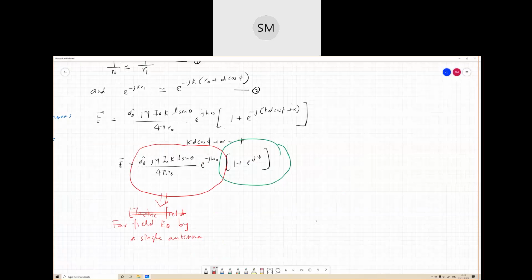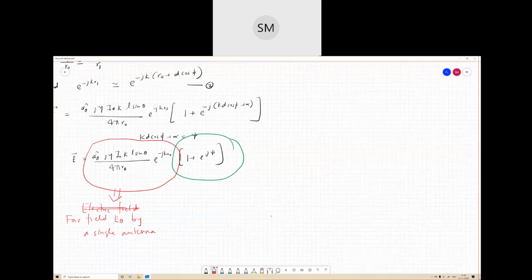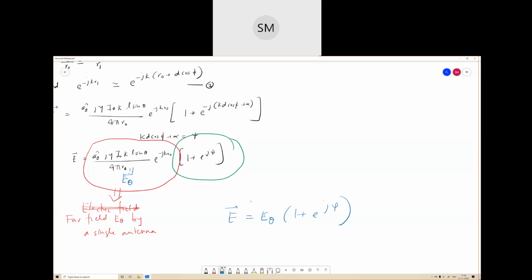If you are not able to right now, let us go a little bit further, then maybe we can understand. This entire red thing, for my convenience, I am writing to be E theta. So E equal to E theta 1 e to the power of j psi, where E theta is this thing. Okay? Let us move on.